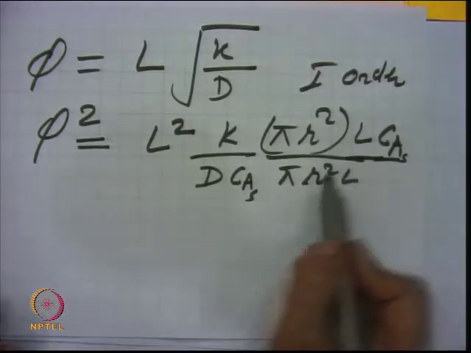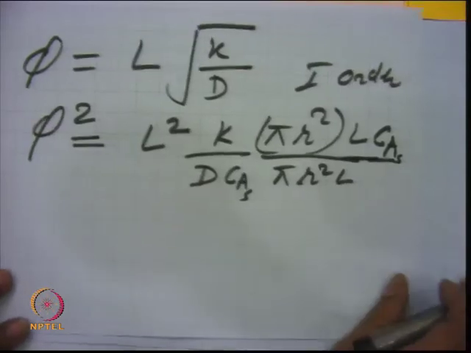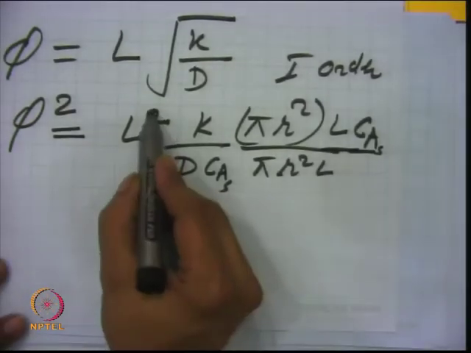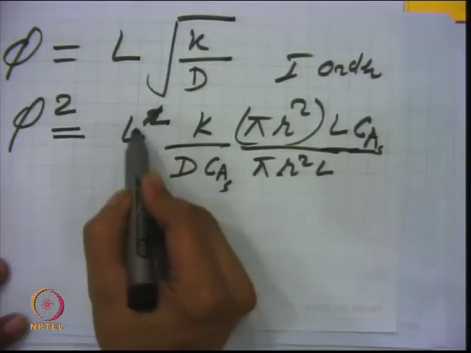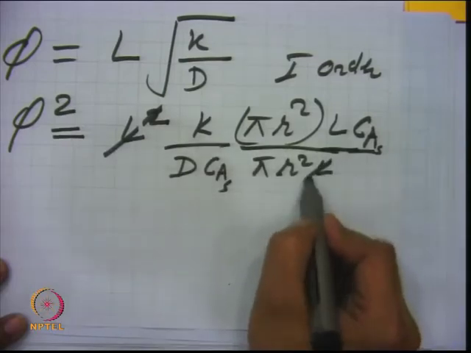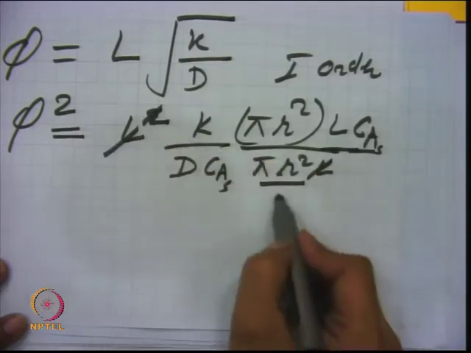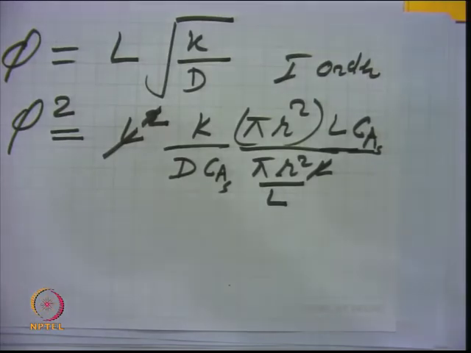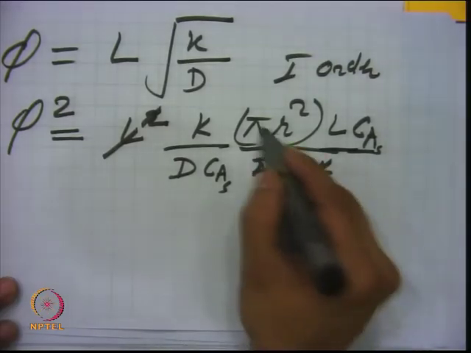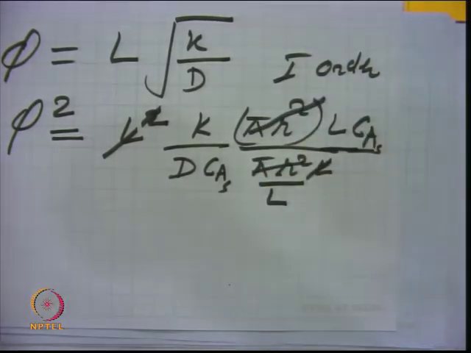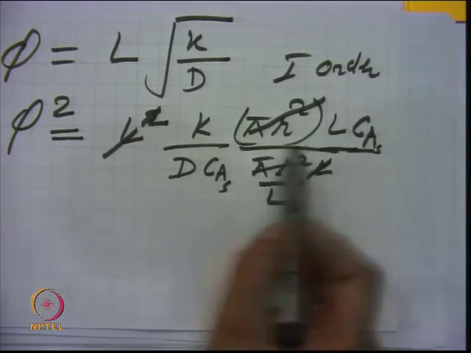So, now try to interpret the terms. What do you have left? L I can remove from here and take it in this. So, one L goes like this, pi r square can be cancelled. So, what is this term?